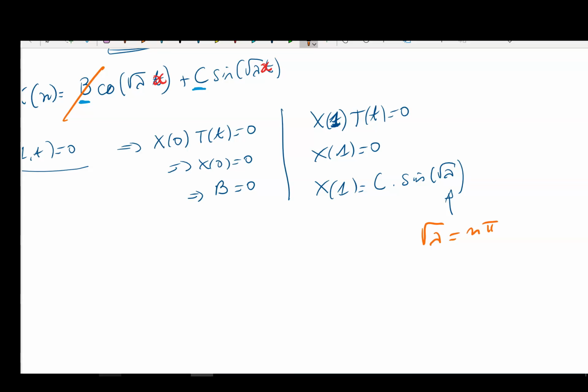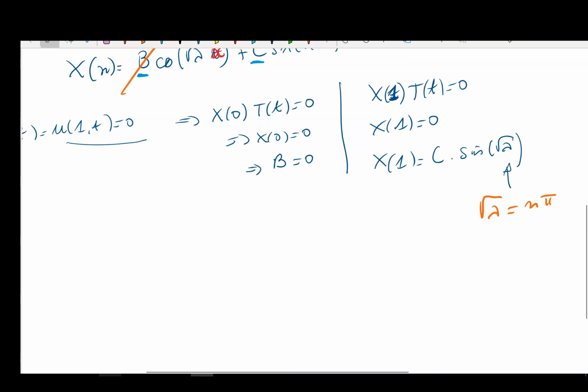That means that, n being an integer, X of x will be some constant c times the sine of n times pi times x. I just substituted b by 0, which we have found, and lambda by n pi. Let's say that this is called Cn, the corresponding constant.